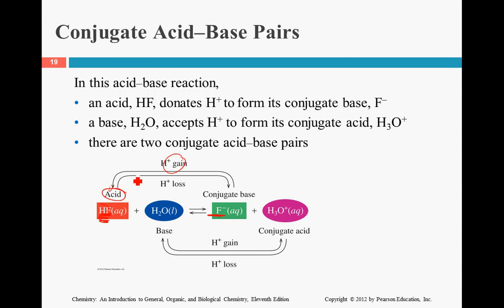That's why this is the acid, because originally it could donate, but then it can get it back. It has the ability to get it back when it's a conjugate base. Whereas here is a base, it can accept the hydrogen. So it gains the hydrogen to make it that conjugate acid. However, once it's in solution, now that it has H3O, it has that extra hydrogen, it does have the ability to lose it again.